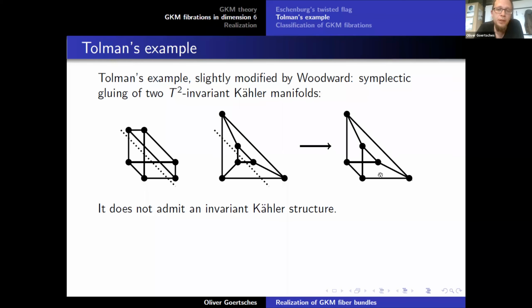The condition is something like this: when you sit down in a vertex here and you pick these two edges, then you look at the cone which is cut out of this picture using these edges, and this cone should look like a subpolytope of this thing, but it doesn't here because I hit this edge here in the wrong place.